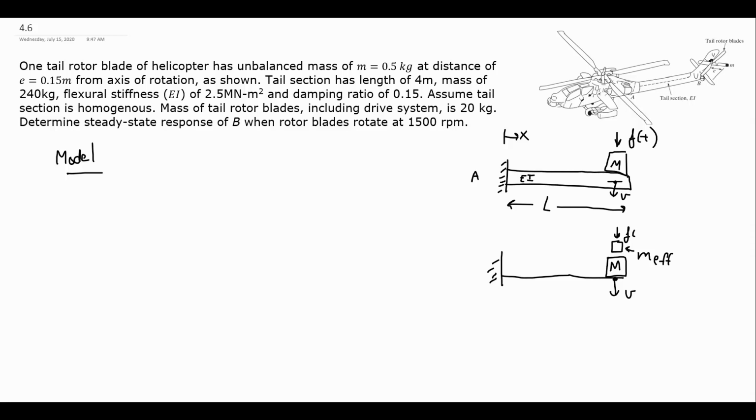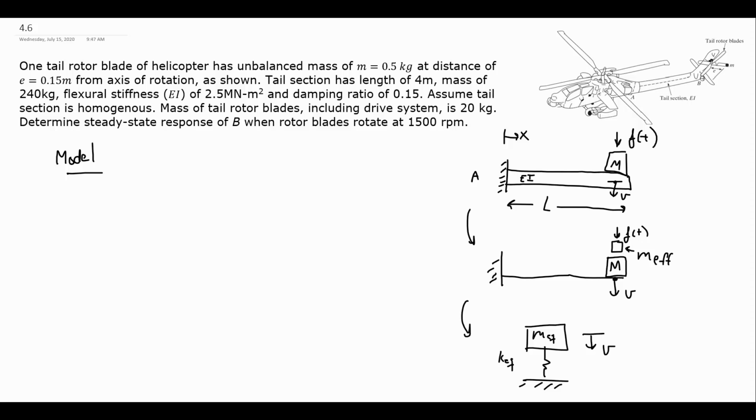Because ultimately where we're going to go with this is the last level of abstraction. This is going to act like just a spring mass system, where we're going to have some equivalent mass, which we're going to see is M plus M effective, on some equivalent spring constant that we're going to be finding, and it's going to displace vertically some amount V. So we're treating it as a 1 degree of freedom system.